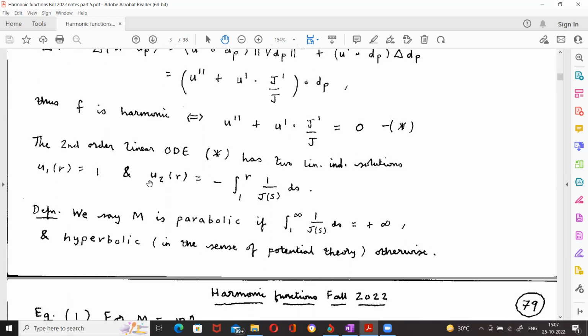So any solution will be a linear combination of these two. As soon as this solution appears, it will have a singularity. The other solution is just the constant. So that's true. Any radial harmonic function will have to have a singularity. You're right.